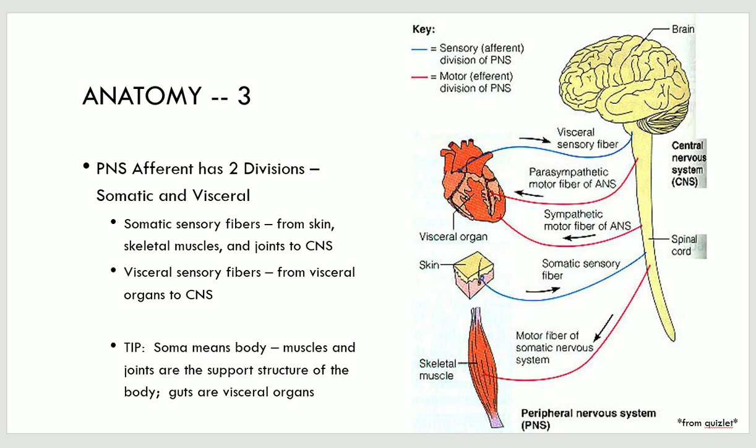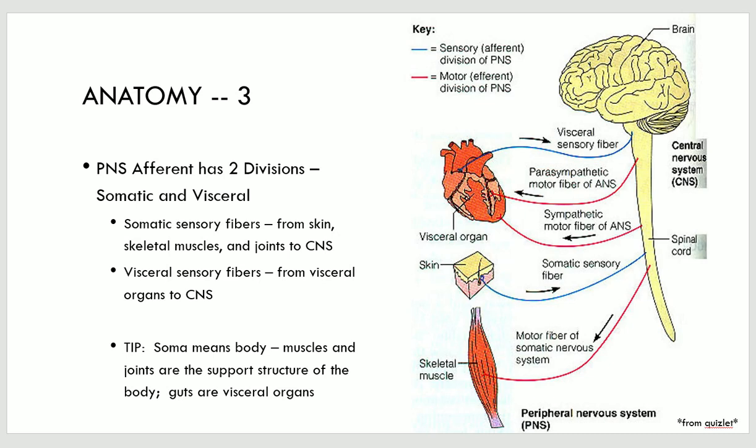When we talk visceral, we're talking organs. So this is from visceral organs to the CNS. Again, soma means body, so muscles and joints are the support structures of the body. Visceral is always going to refer to guts, internal organs.